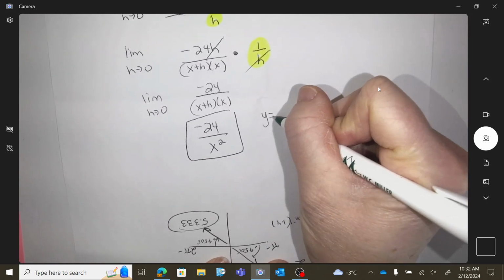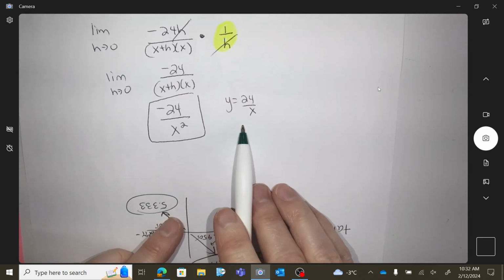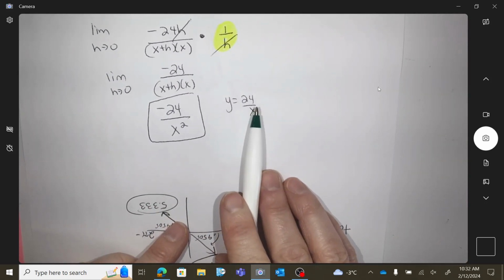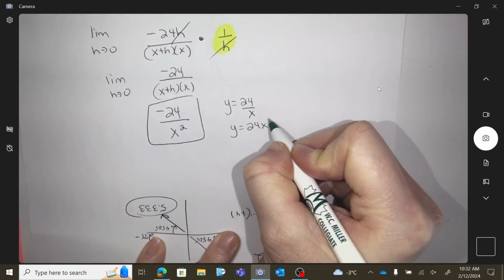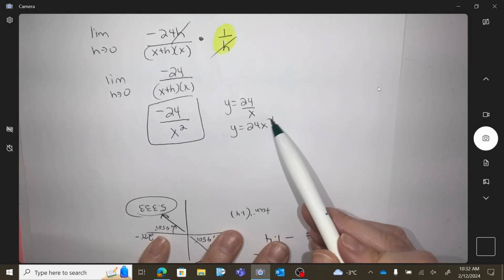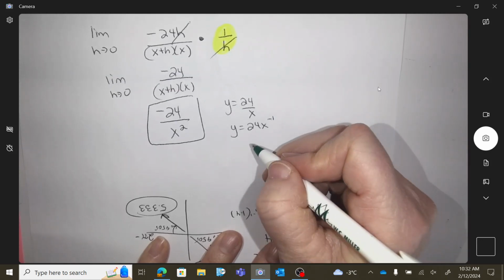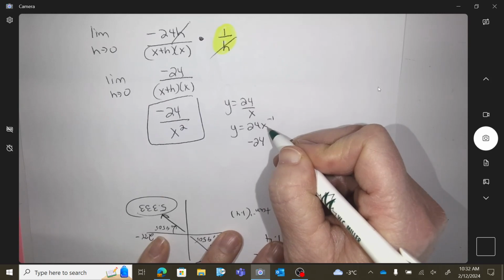Let's check. This is what you do on your test to check. So if this is my equation, how would I actually rewrite that? So this is just a rewrite. What is front times top? Negative 24. Down a degree.